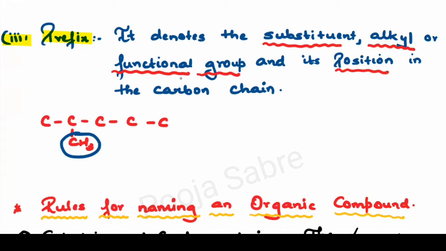So I am going to name this substituent along with its position as a prefix. The naming would be 2-methyl, since I'm going to start naming from left to right. So this is 1, 2, 3, 4, 5. Remember, children, you're going to name only carbon atoms which are present in the chain. So the position of this methyl group will be 2. So the naming is 2-methyl. So this will be my prefix. Understood?